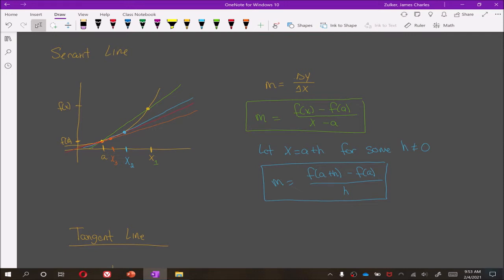We're sliding x over to A. That is precisely what a limit is. So in a sense, a tangent line is the limit of the secant lines. And so it makes sense to take the slope of the tangent line as the limit of the slopes of the secant lines.